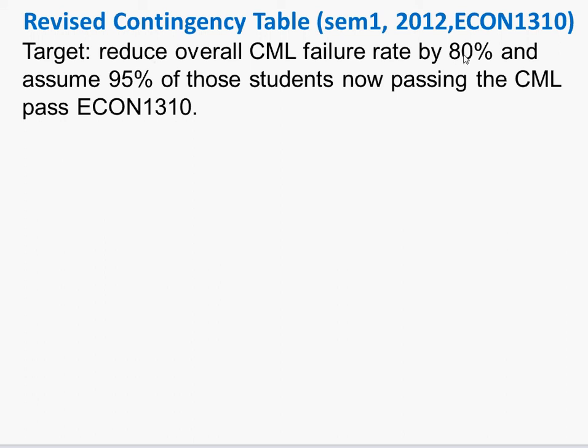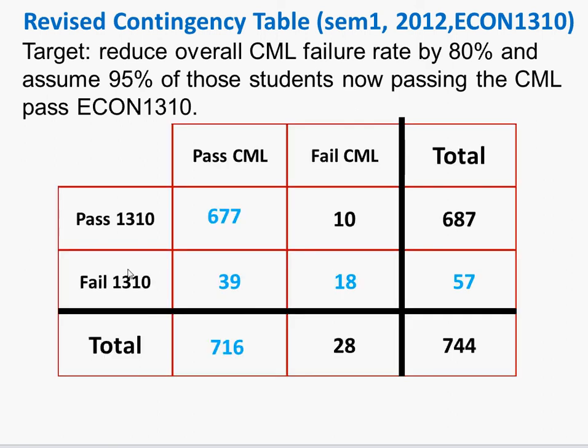And if I can reduce it, I'll redistribute these people that now pass using this idea of 95% who now pass the CML will pass the course. By doing that, I rejigged the table we had at the start to show that those failing the course has now dropped from 141 all the way down to 28. That's the 80% reduction in the fail rate. And I redistributed these failing the CML now into passing the course.